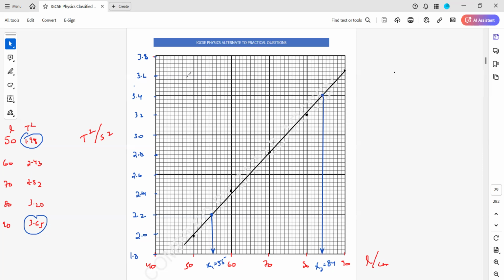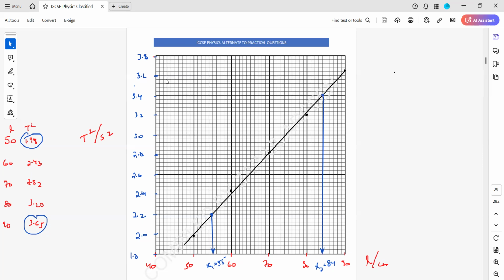The best thing whenever you're plotting a graph is don't take the values which you used for plotting. Take two different points on the line rather than the same points which you used. It's not wrong, but try to use two different points. If a plotted point lies on the line, you can take that point as well.